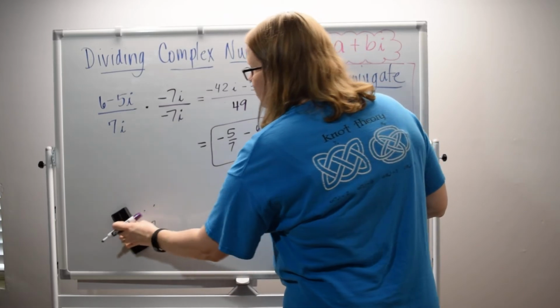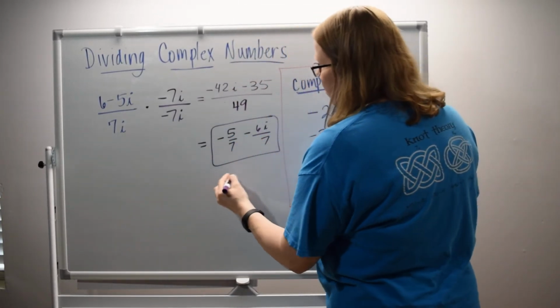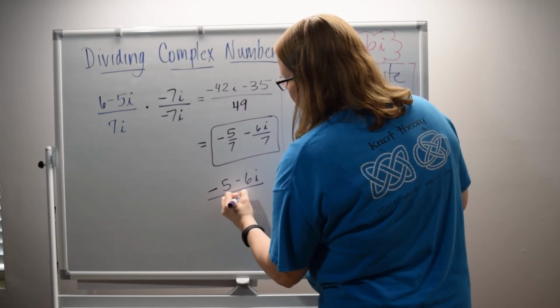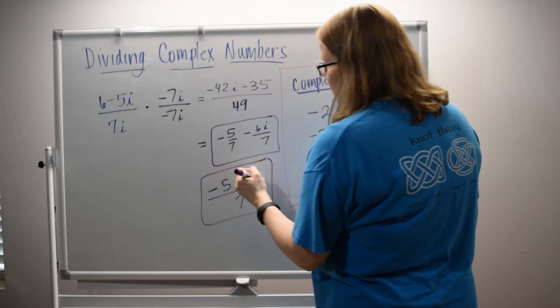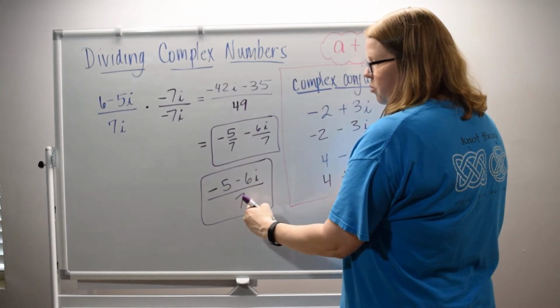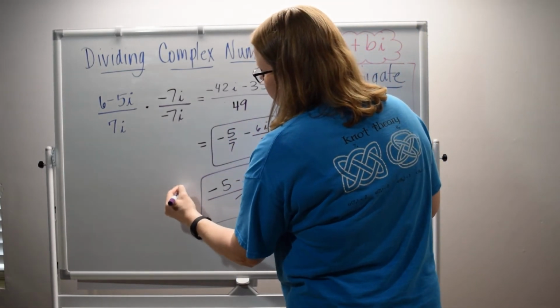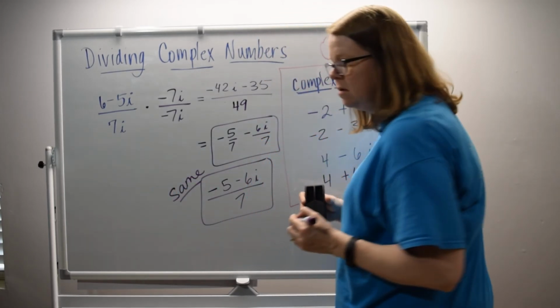Your teacher may very well want you to write that all as one fraction. Because the denominators are the same, you can put all of it over 7, and it's the same thing. These are the same answer.